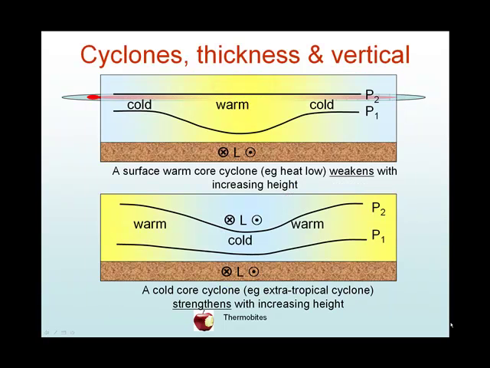Now let's consider cyclones and thickness patterns, which we touched upon a little bit before. So in the top figure we have a warm cored low, and you can see that that means at the surface we have those cyclonically rotating winds, and the thermal wind tells us that those winds will weaken with height to produce an anticyclonic circulation.